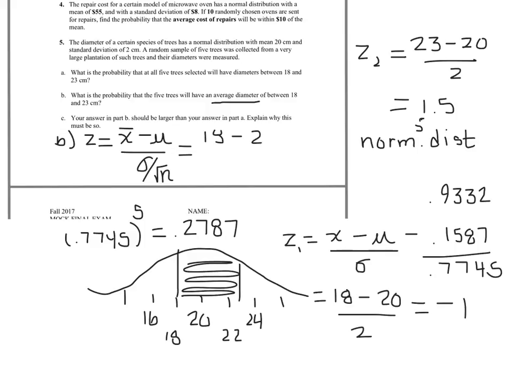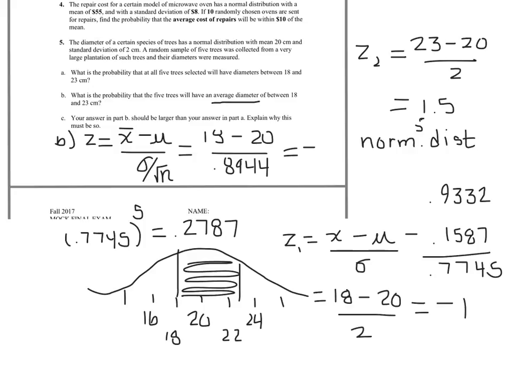Our mu is still 20. But our standard deviation is going to be what we get when we divide sigma 2 by root 5. And that's about 0.8944.